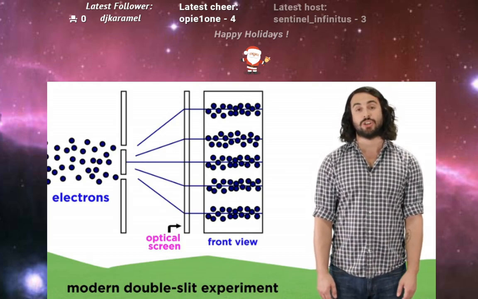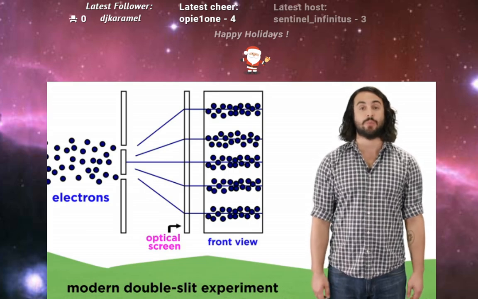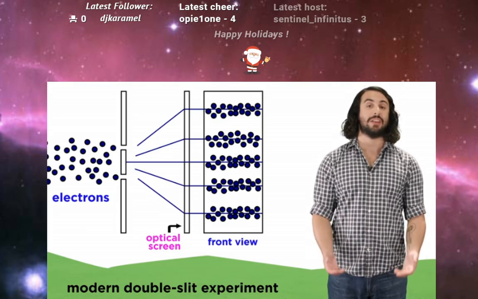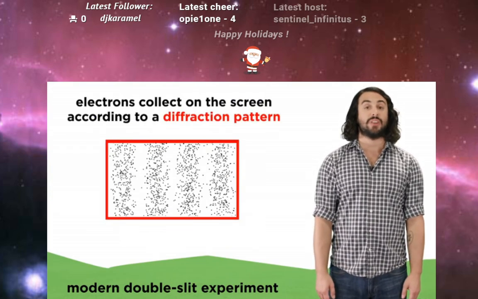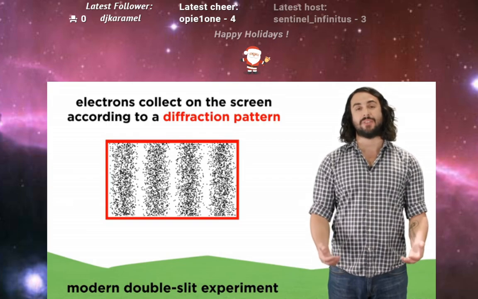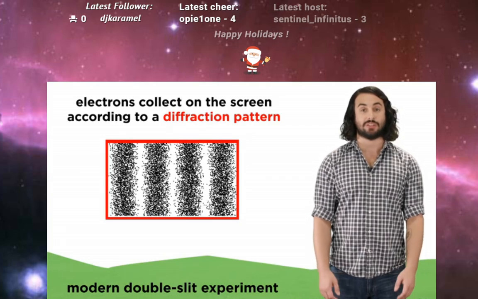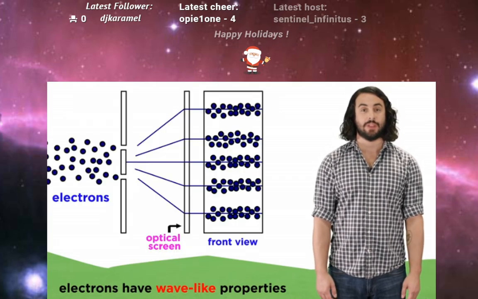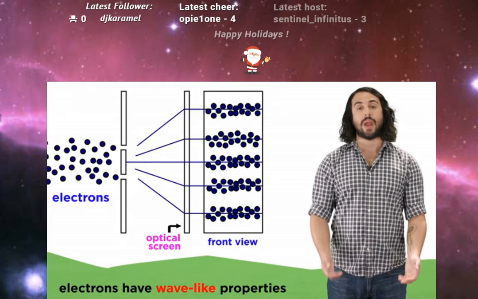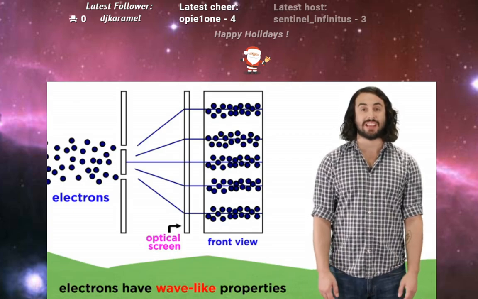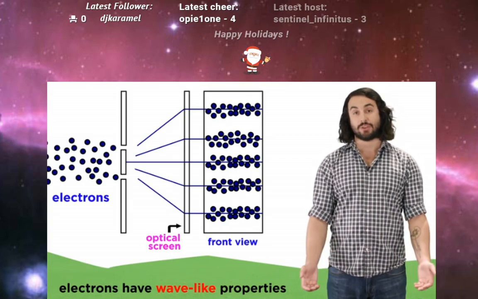This modern version is what we are typically referring to when we talk about the double slit experiment. From this, it was shown that a beam of electrons exhibits diffraction and interference patterns, just like light does. This demonstrates the wave-like properties of electrons, and by extension, matter in general.